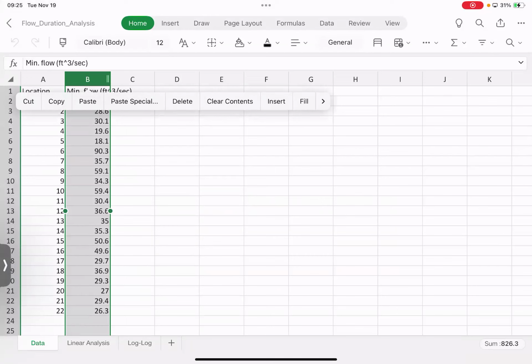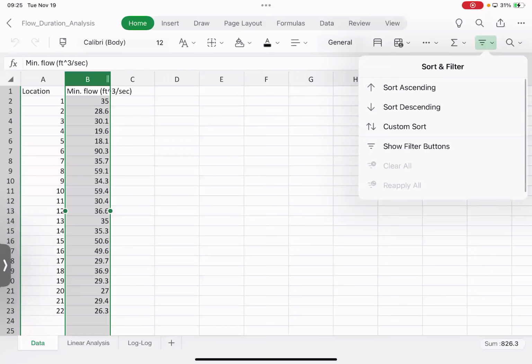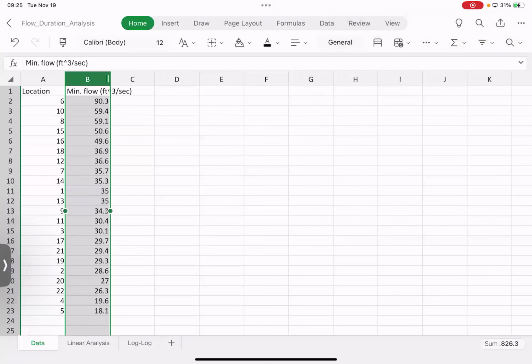It's going to look a little bit different, but I want to sort these, of course, keeping the location number because that's how we know where it was going on. Sort from largest to smallest, right? So descending, and just double check that it brought the location number with it, which it did because it was previously sorted by location. Okay.